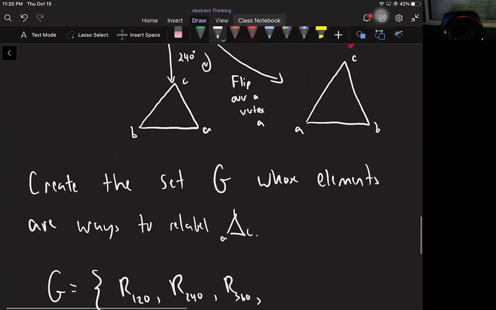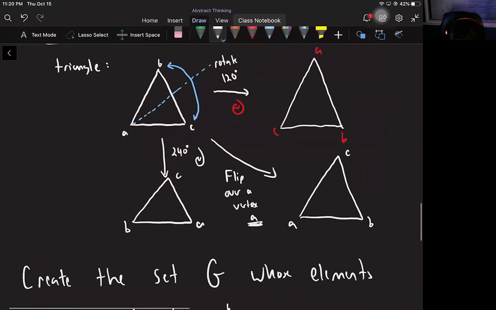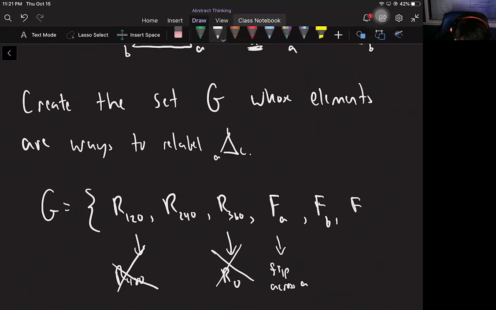What else can we do? Well, we can flip over a vertex. So I'll label that as F sub A. This means flip across A. I could also flip across B, and I could also flip across C. So there's going to be 6 things in this set.